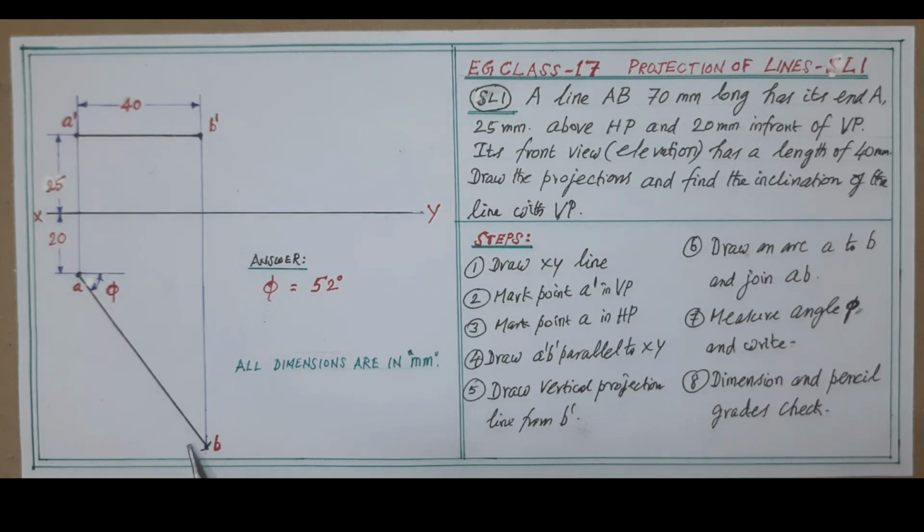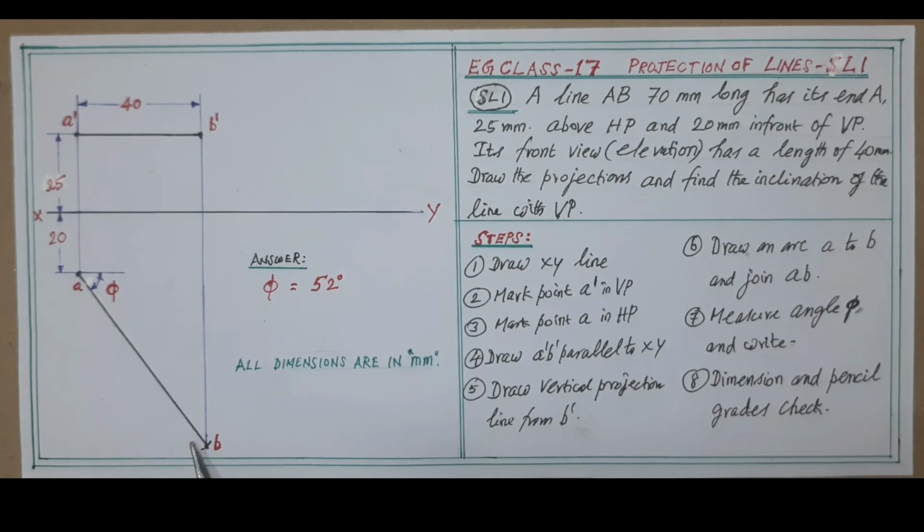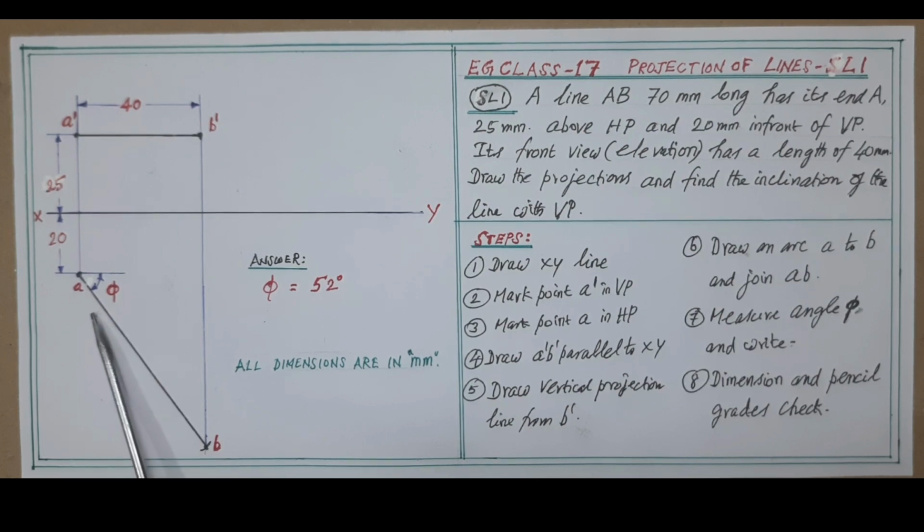As per the condition discussed, since the inclination of the line with the vertical plane has been asked in the problem, it is the angle at point A. Now draw a small line parallel to XY at A and measure the AB inclination angle, or extend the line AB to touch the XY line and measure at the touching point.